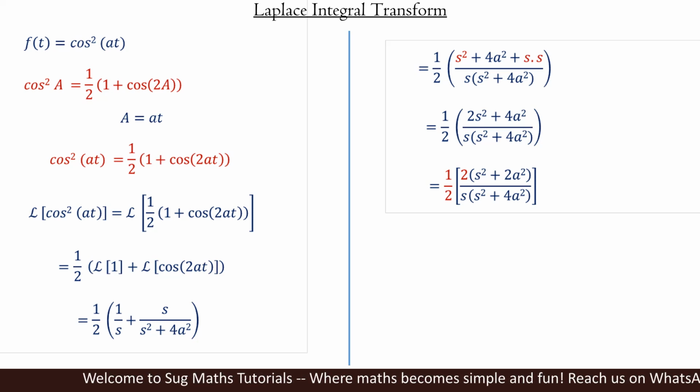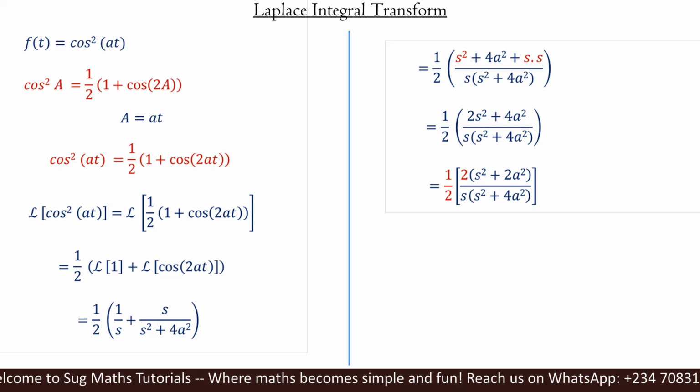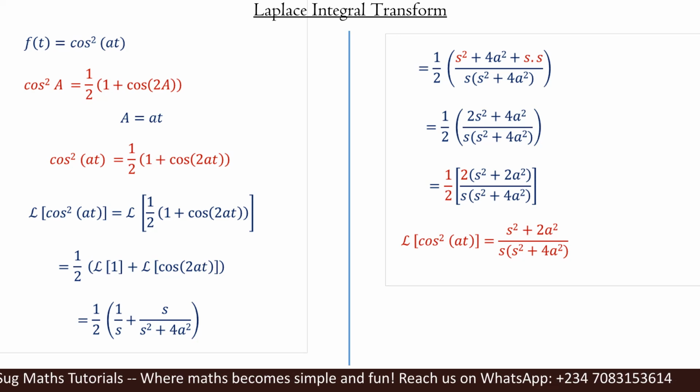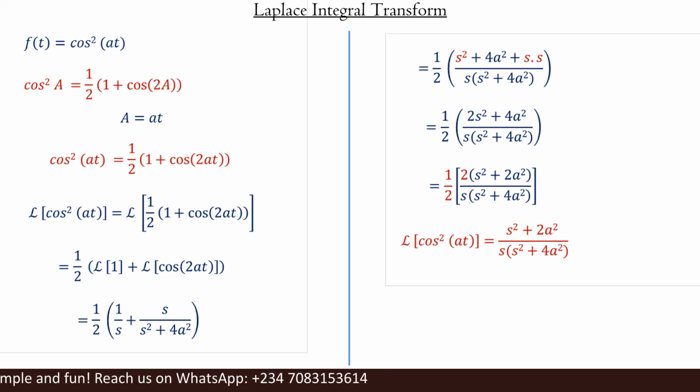Now this 1 all over 2 multiplied by 2 in the numerator is going to cancel, right? So therefore, the Laplace transform of cos squared at is equal to s squared plus 2a squared all over s open bracket s squared plus 4a squared.